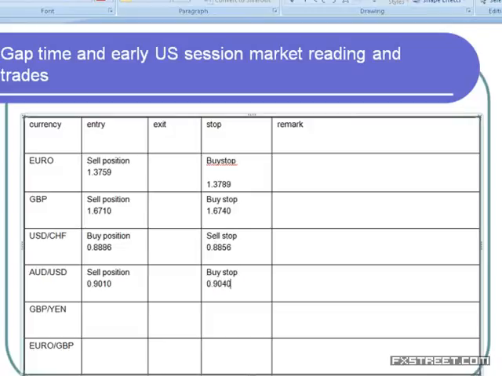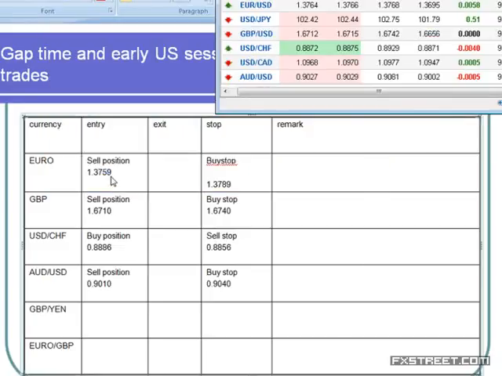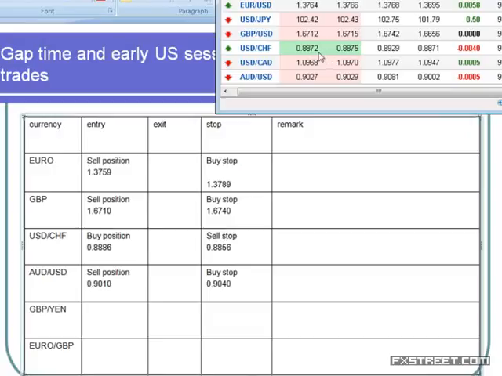With a buy stop at 0.9040. Okay, so now they have made a further upward move, and GBP/CHF also made a further drop.